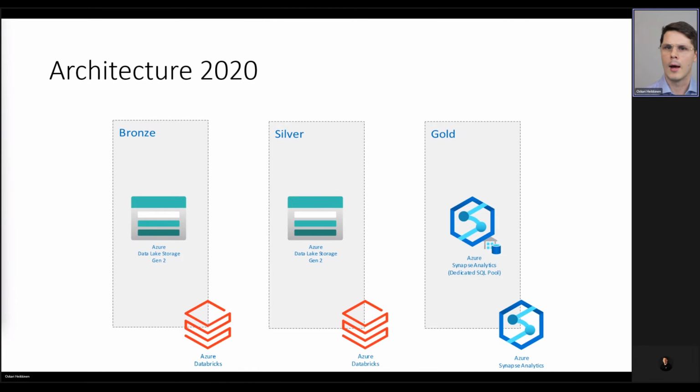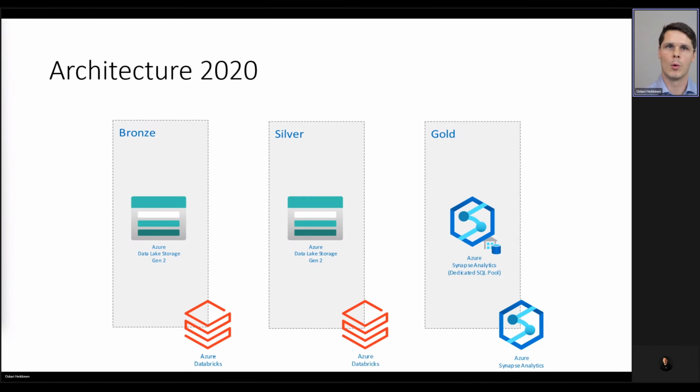And there, what these two vendors have been doing since, we have noticed that we have Databricks and Synapse Analytics on this diagram. This is sort of still my go-to architecture if I wanted to use the best technology available on every layer of the architecture.